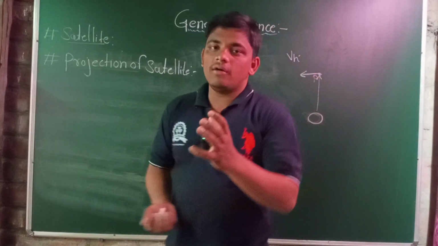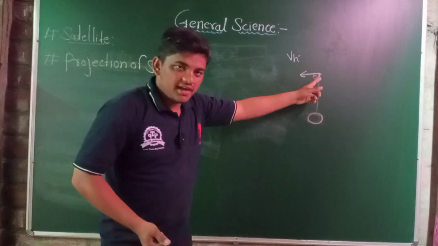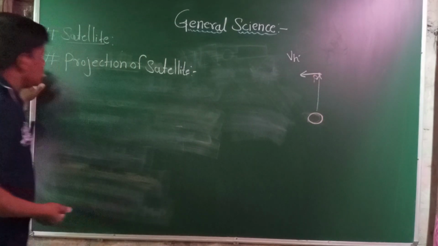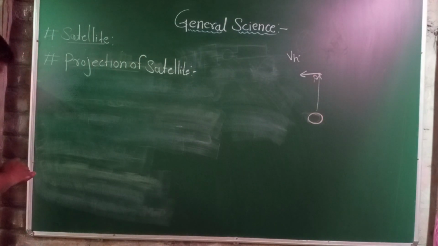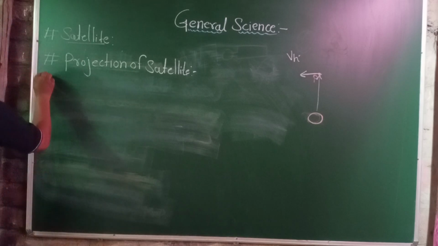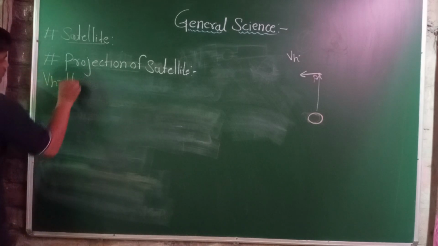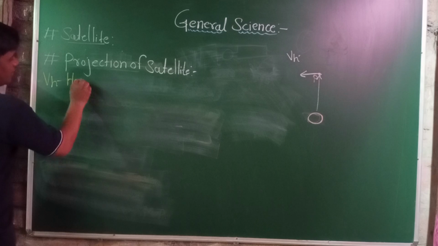We need certain velocities of that object, and these velocities are calculated in different ways. The first is Vh, the horizontal velocity.